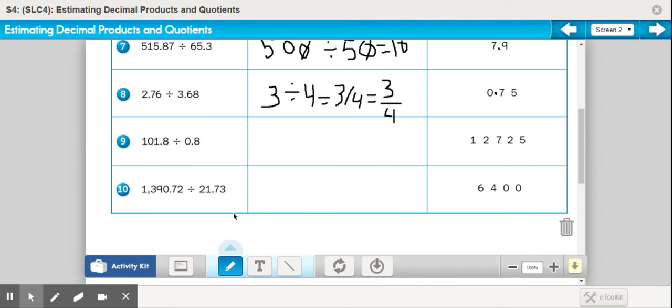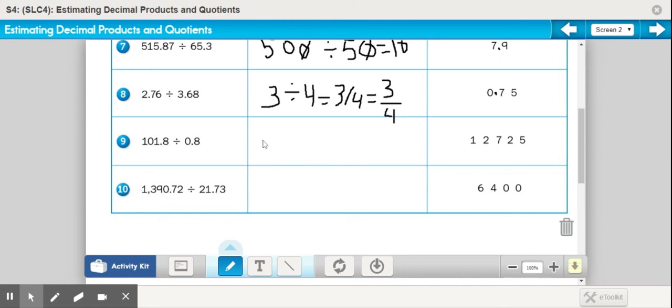9 and 10. So I would pause the video to do 9, unpause it to check your answer, then pause it again to do 10, unpause it to check your answer.